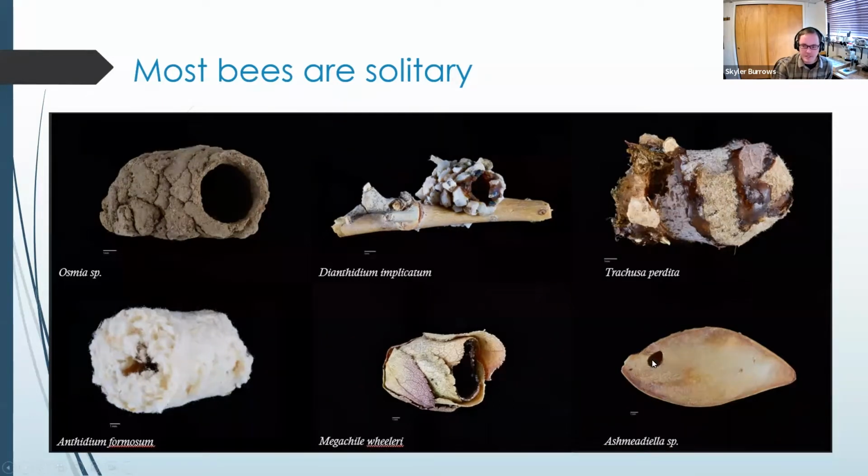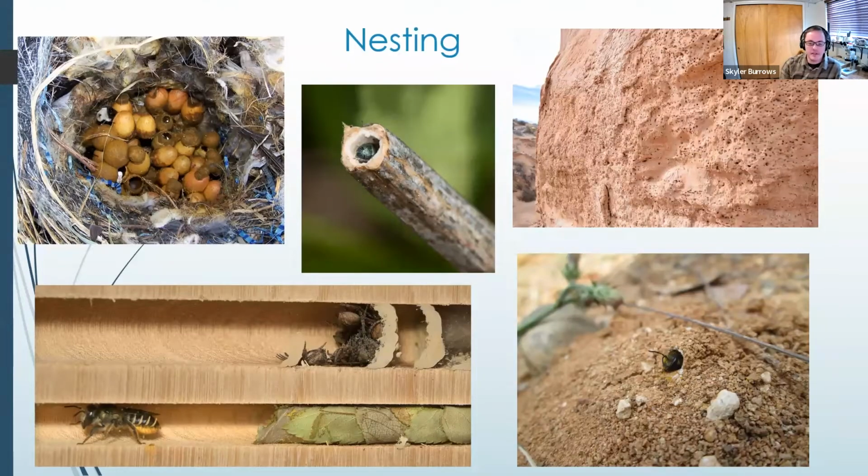This one you can see it's just bored a little hole here in a seed pod. But because these are all solitary bees and every female can lay their own eggs, if one of these got over into the US, you could establish a colony, or not, it wouldn't be a colony, you could establish a population. So when thinking about transporting bees, it's really important to think about nesting.